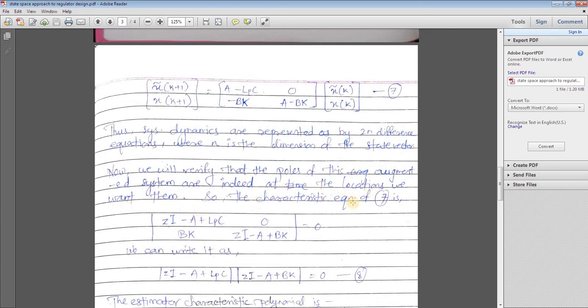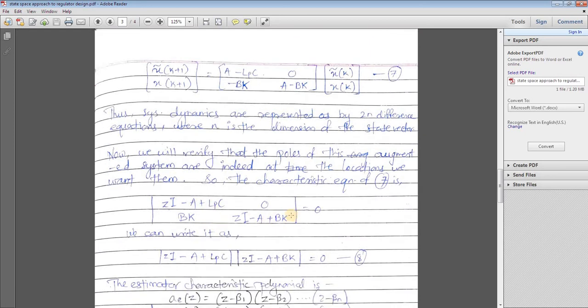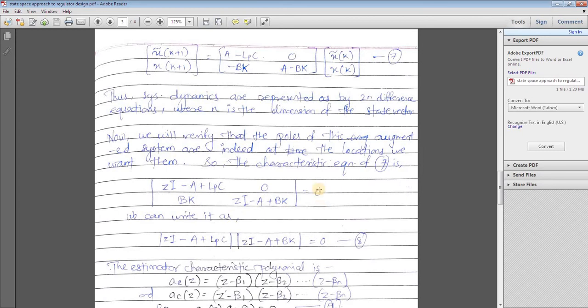So the characteristic equation of 7 is, with zI multiplied into this box, zI minus A plus LpC, 0, BK, and zI minus A plus BK, and it is equal to 0.